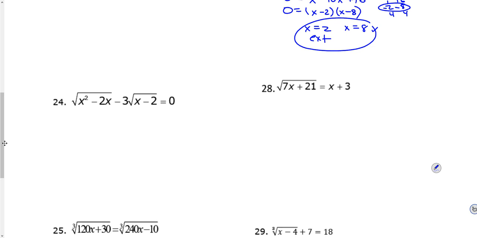The next problem was 28. Looks just like it. Just got to square it. Square this side. On the right side, it ends up being x squared plus 6x plus 9 because of FOIL. And on the left side is 7x plus 21. Then we have to subtract 7x from both sides. Subtract 21 because I want it equal to 0.